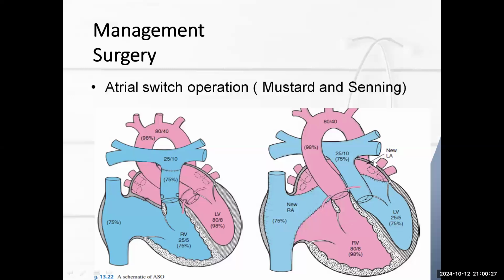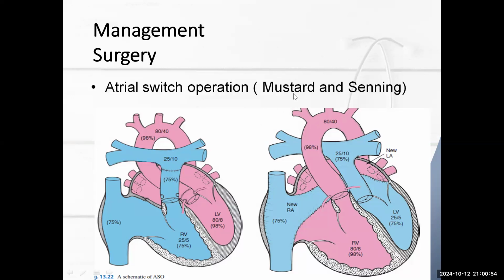The systemic RV gives the aorta. So this patient by time will have RV failure because, as we said before, nature makes the RV wall as a pulmonary vascular resistance wall. It can face pulmonary vascular resistance, but cannot face systemic vascular resistance. So this patient by time may have RV failure and signs of RV failure and severe systemic venous congestion.